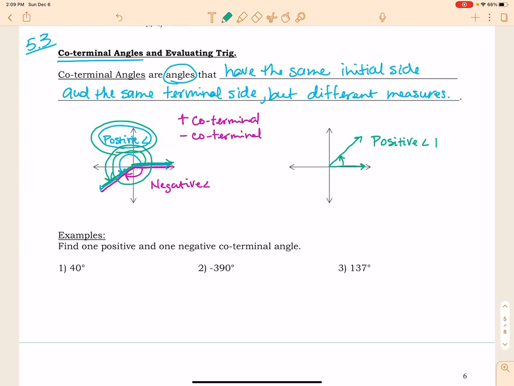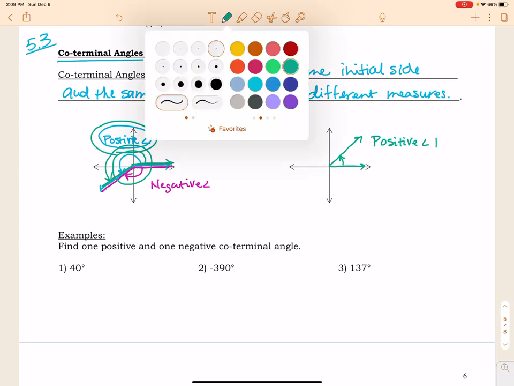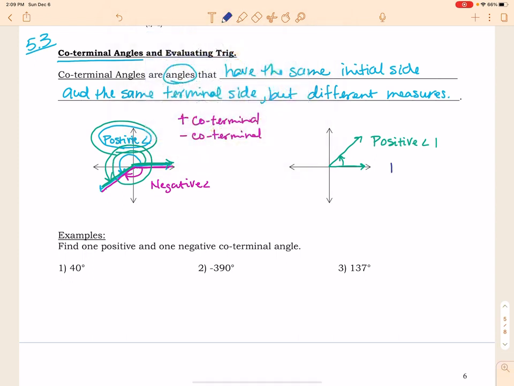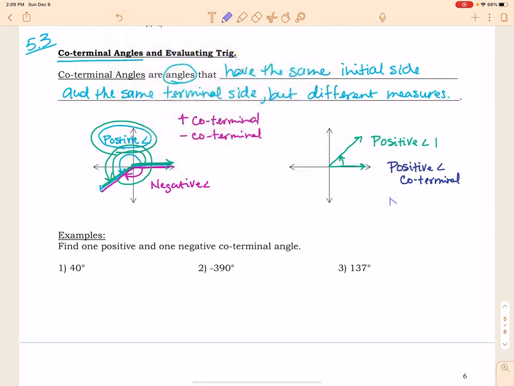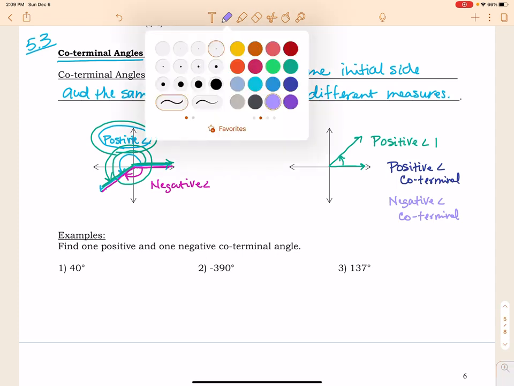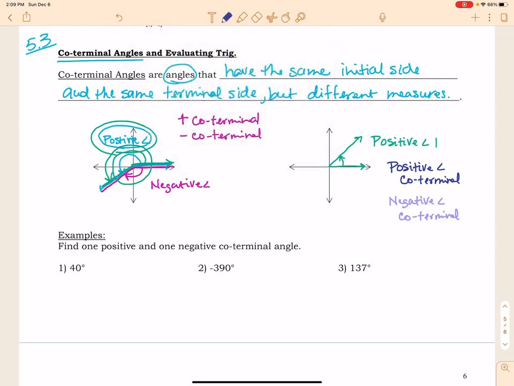I then, in return, want to find a positive angle that's coterminal, meaning it starts and ends with the same initial and terminal sides, and I want to find a negative angle that is coterminal. All right, so when I find the positive, and this is just one positive and negative, not the only ones you could have.